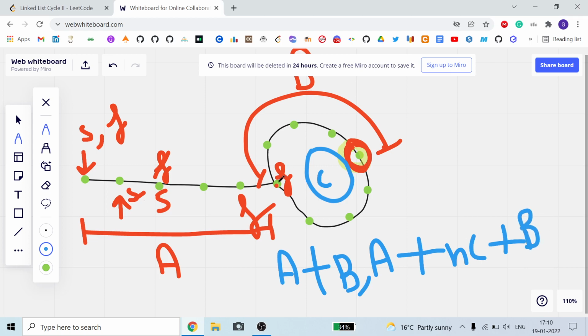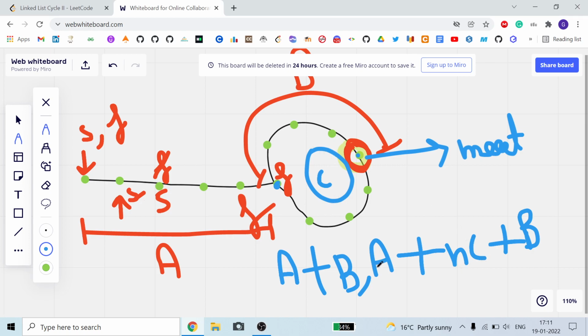Because as we can see, our f will be here before our s, it cannot be possible that in the same round our f and s are at the meeting node. So our f will do at least one circle round.